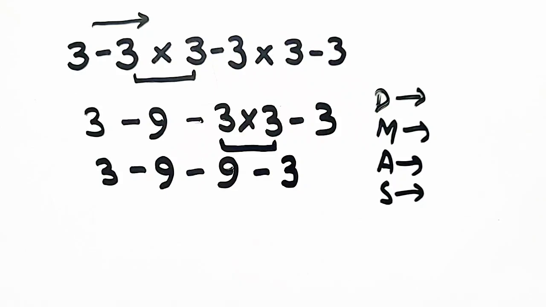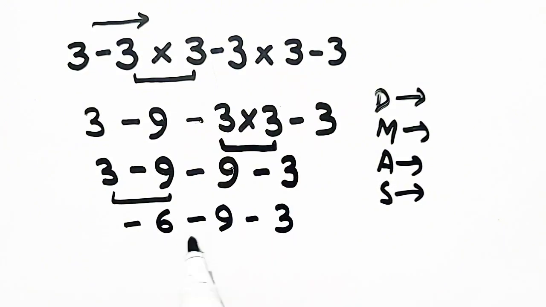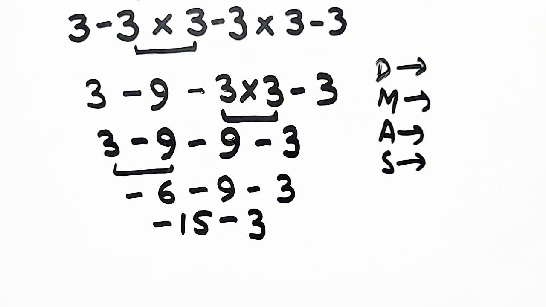Here, 3 minus 9 will be equal to minus 6. Minus 6 minus 9 will be equal to minus 15, minus 3. So our answer will be minus 18.